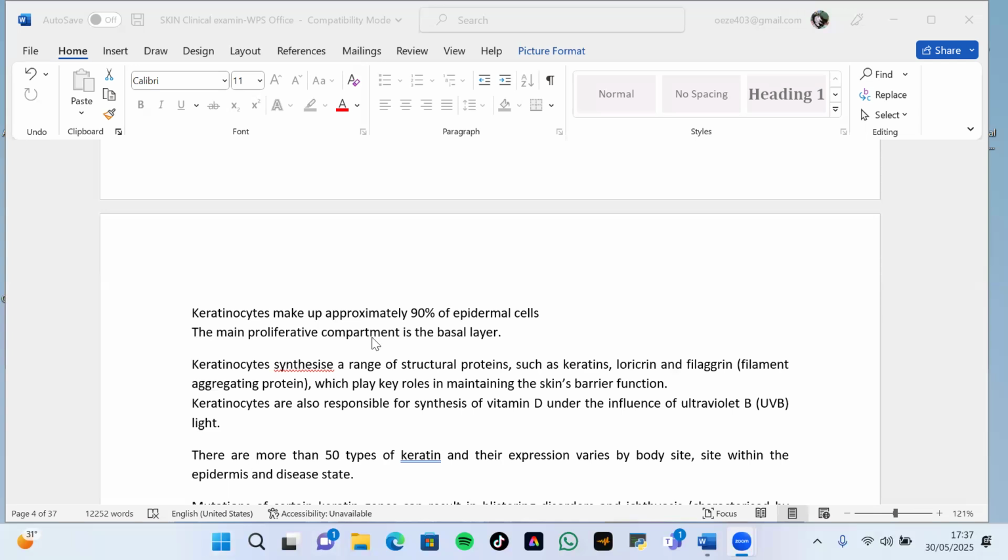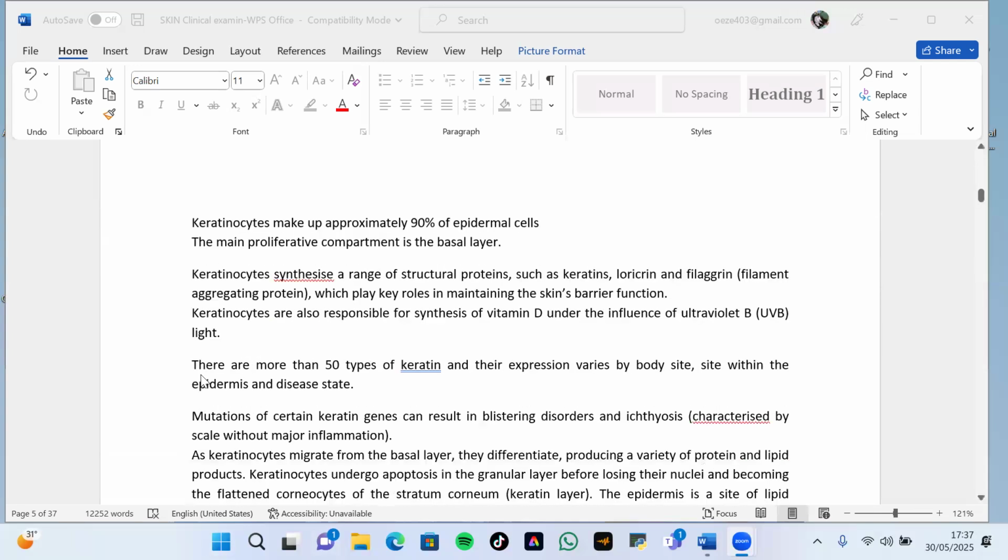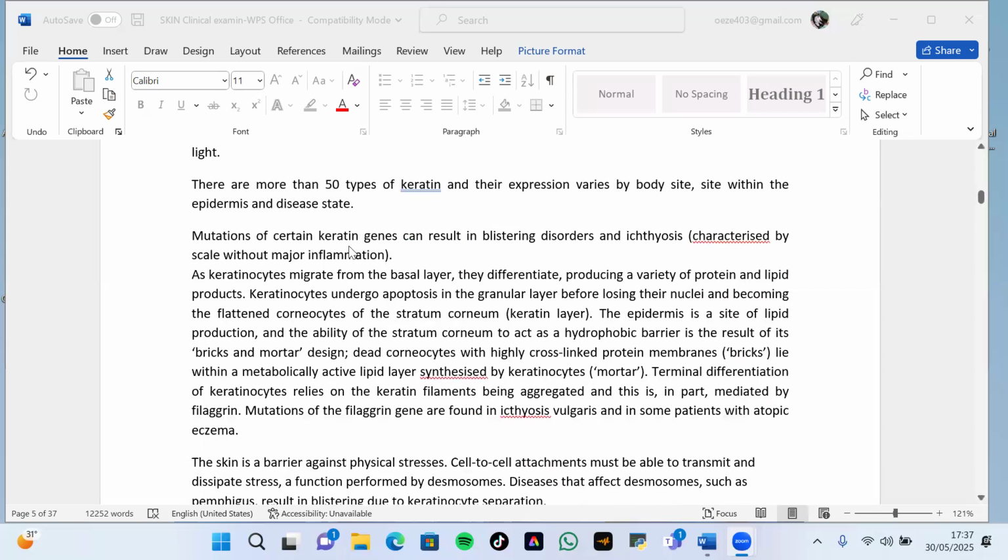There are more than 50 types of keratins, and their expression varies by body site. So you might find different types of keratins in different parts of the body, like on the palms and so on. So these are different types of keratinocytes secreting these substances that are needed.